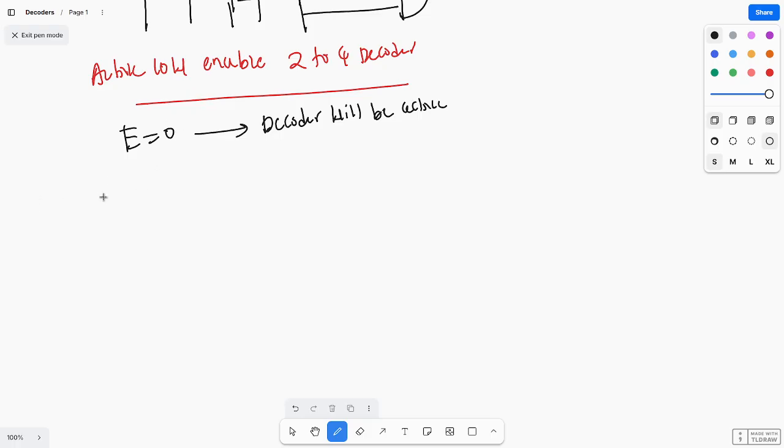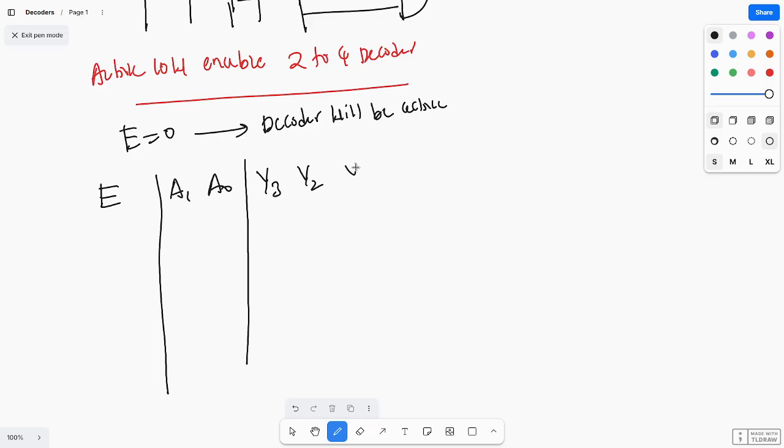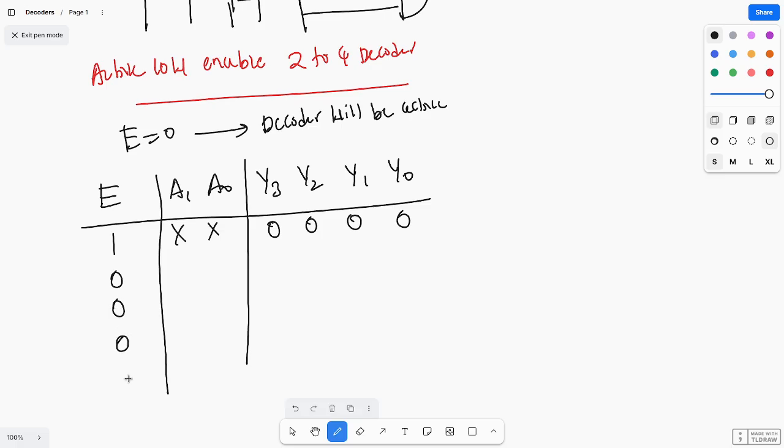So if you see the truth table, the columns are enable, A1, A0, and the outputs Y3, Y2, Y1 and Y0. When enable equals 1, whatever may be A1 and A0, all the outputs will be 0 only. When enable equals 0 only, it will be activated.